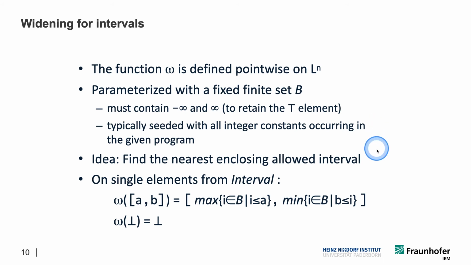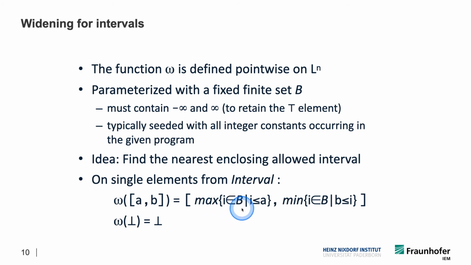And then the idea is to find the nearest enclosing allowed interval that is definable through these boundary elements in B. And basically, then if you have any such interval that covers the range from a to b, the widening of that interval is defined as follows.